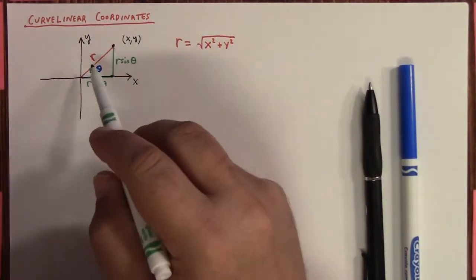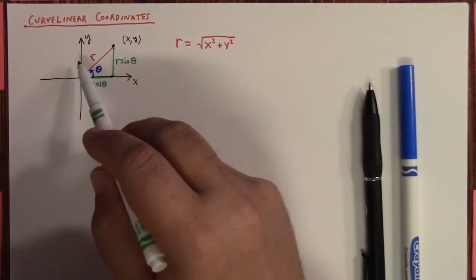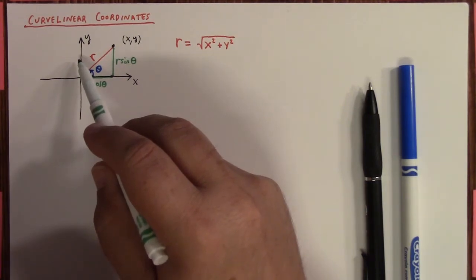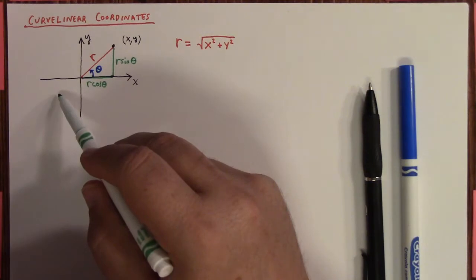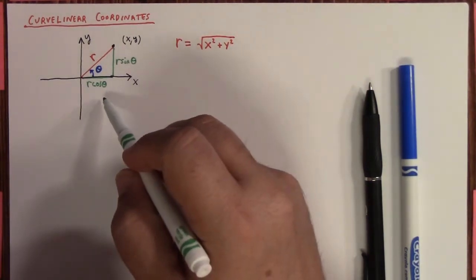Like, for example, if theta is between pi over 2 and pi, it happens that cosine is negative and sine is positive, right? Down here, sine and cosine are both negative. Over here, cosine's positive, but sine is negative.